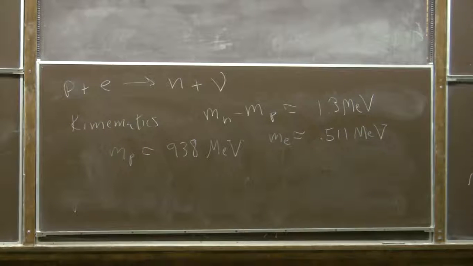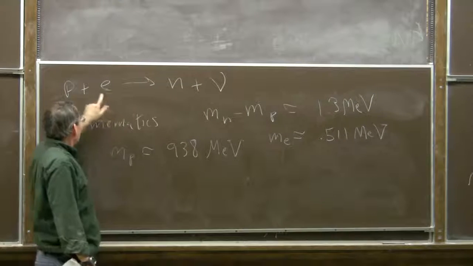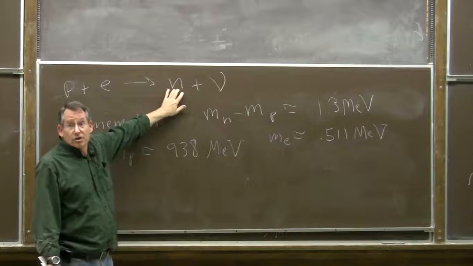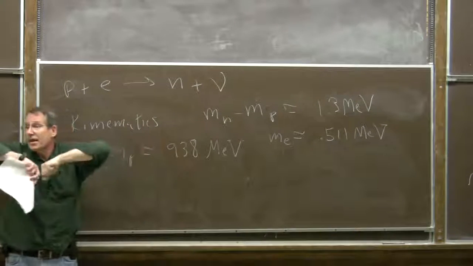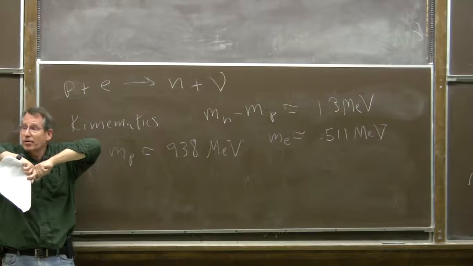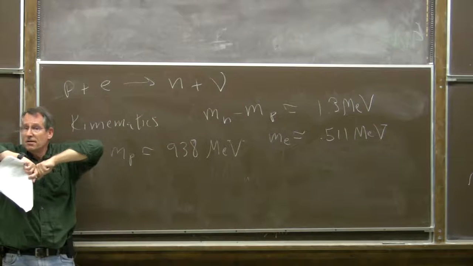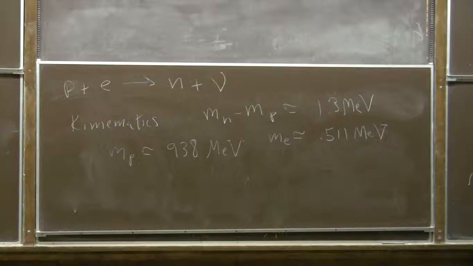Once it gets to be relativistic, the Fermi energy of the electrons gets to be above an MeV, big enough so that we can actually reduce the energy by having the electron combine with the proton to give a neutron. Even though the neutron is heavier, we gain more in reduced kinetic energy of the electrons than we lose in the mass when the proton becomes a neutron. Okay? And so this process can then go.